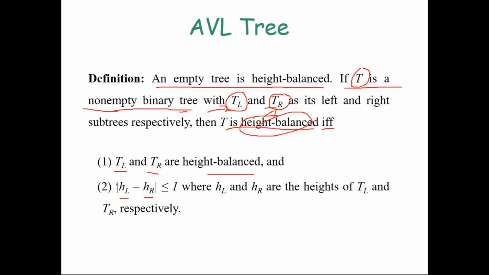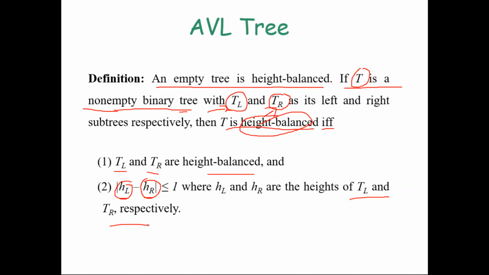So take the height of the left subtree and the height of the right subtree, subtract, and ignore the sign. If the result is less than or equal to 1, then the trees TL and TR are said to be height balanced.